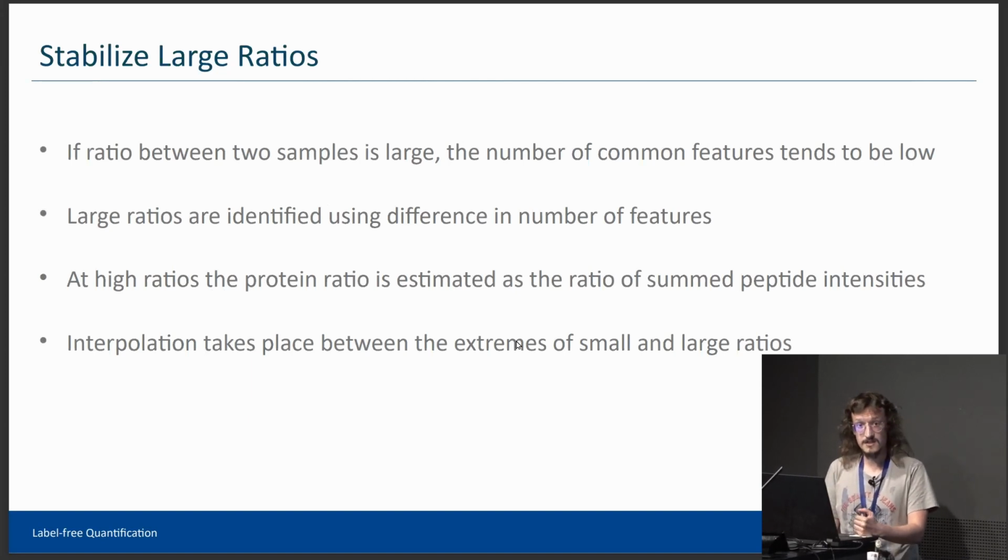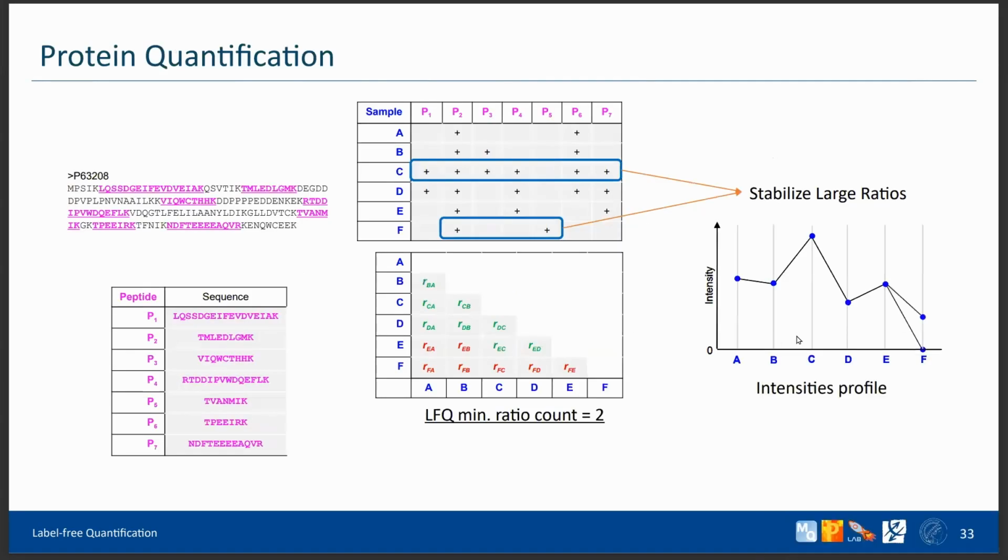So in this case, as you can see from this image, you can bring up some information from, for example, sample F, where you lost your data due to the minimum ratio count. You can still bring it up by making a comparison between all intensities of the peptides here and the peptides here, even if they are not the same, even if they don't have the minimum ratio count that you need. But this is usually done only when you have large ratios.